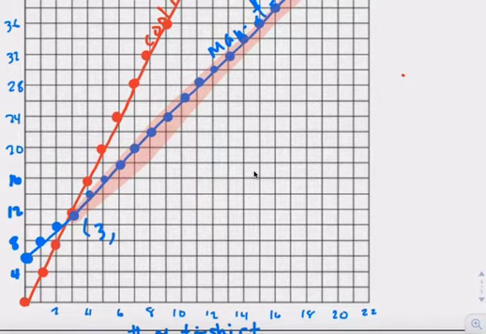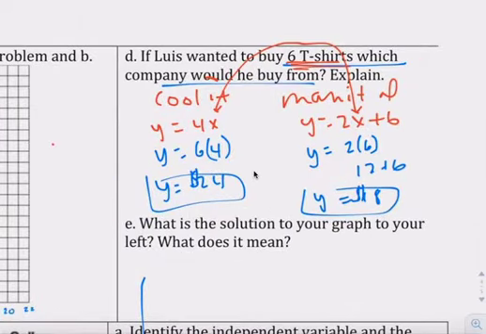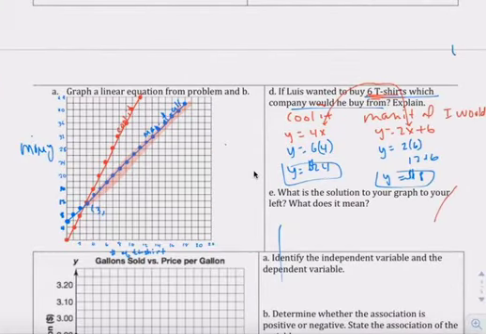After 3 t-shirts, Manit charges less. So at 6 t-shirts, I obviously will choose Manit. Or you can do the math. Manit's cheaper, $18 here when you substitute x. Then you need to explain it. I would buy from Manit, whichever way.